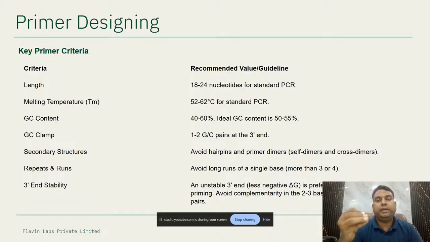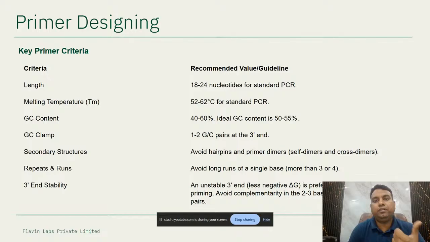It should be between 18 to 24 nucleotides for a standard PCR. In some PCR, like if you are going for molecular markers like RAPD, then it can be a 10-mer. A 10-mer primer is used for RAPD, but that is a special case. In normal standard PCR, 18 to 24 nucleotides is enough.